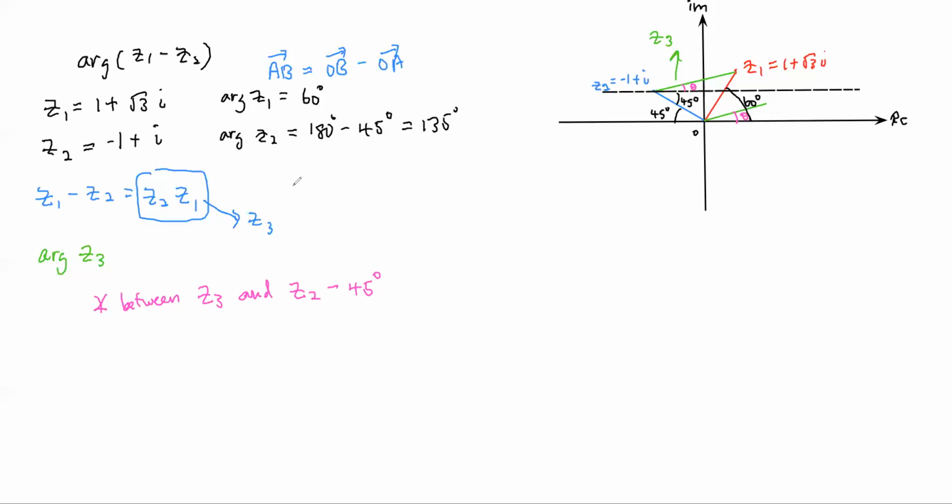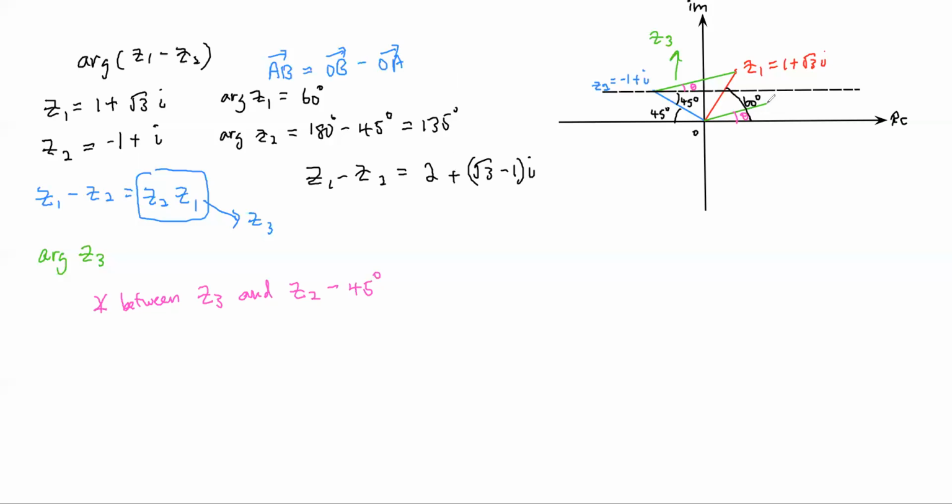And by the way, Z1 minus Z2 is equal to 2 plus square root 3 minus 1 i. So I can write it down here.